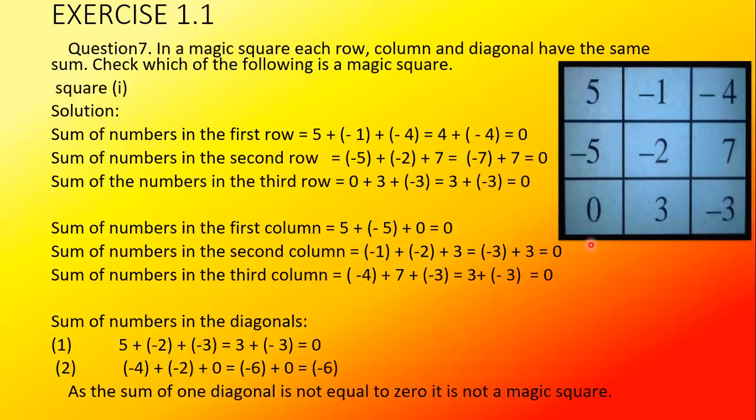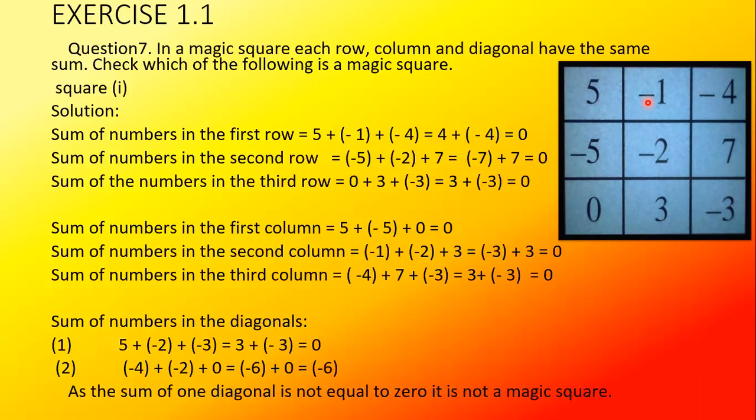So if we add each column, each row and each diagonal, and the sum is the same, then it can be called a magic square. First we will consider the first row. Which are the integers in the first row? 5, -1 and -4. 5 plus -1: one is positive and one is negative, so we will take the difference of the absolute values.